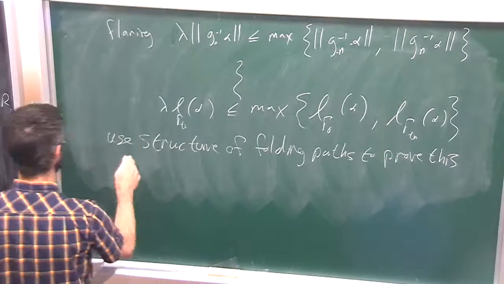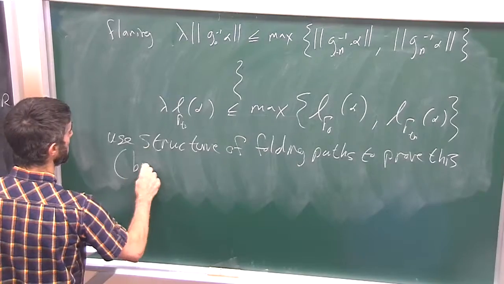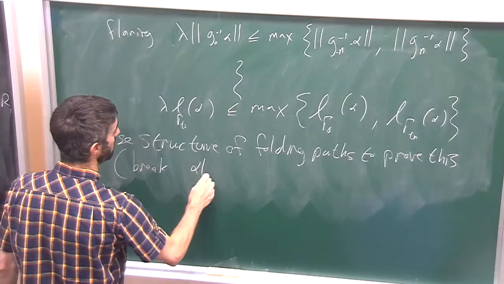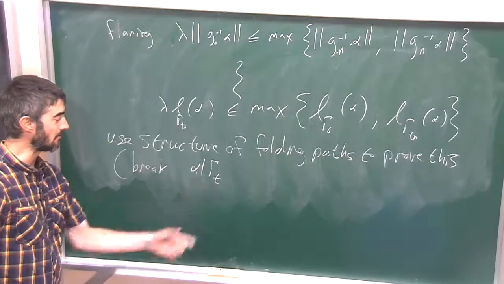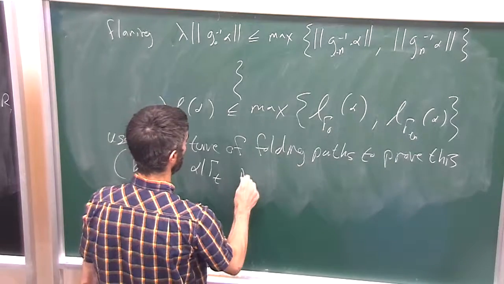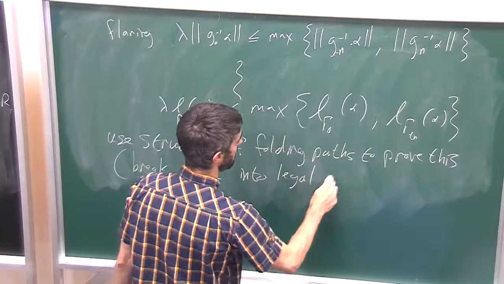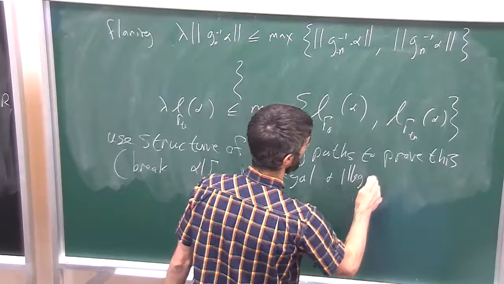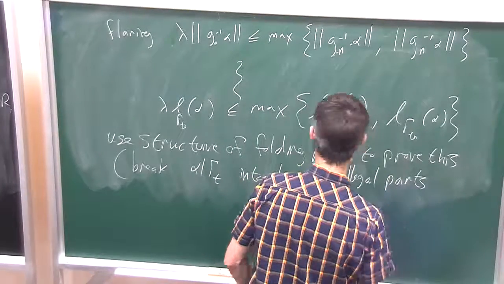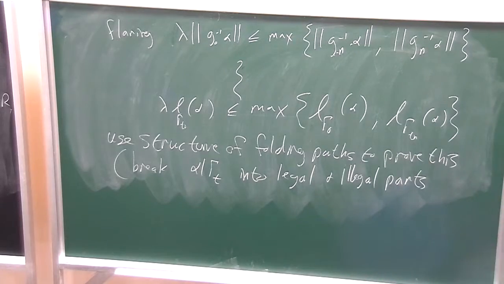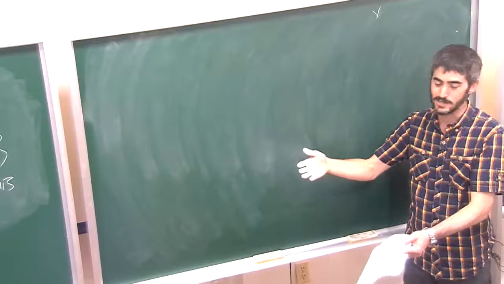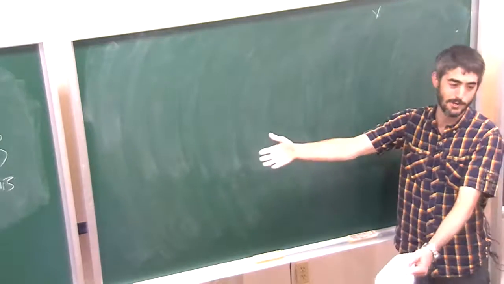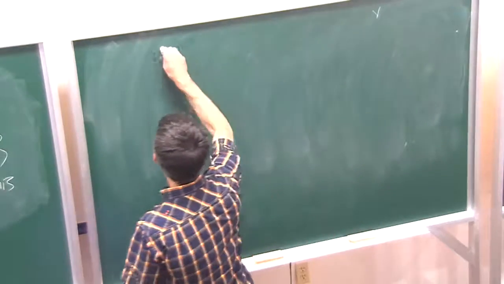And basically what I mean by that is you break the curve alpha, this curve alpha with its illegal turn structure coming from the core, into legal and illegal parts. And what you show is, we kind of talked about this before, if I have a legal bit, it grows when I go forward exponentially. And if I have illegal things, well, this is kind of harder to show, they grow when you go backwards. Okay, so legal grows forward, and illegal grows backwards.